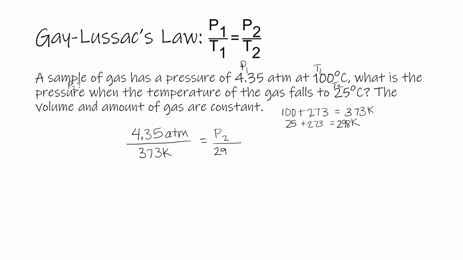So just like before, we're going to multiply both sides by 298, and that will cancel that out. Our temperature cancels. And so pressure 2 is equal to 298 times 4.35 divided by 373. In this case, we have three significant figures, and so we're going to say 3.48 atmospheres.